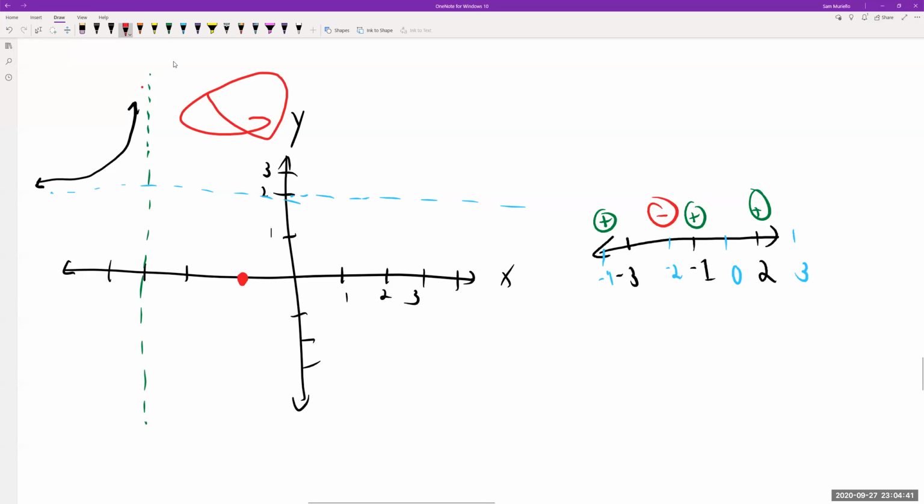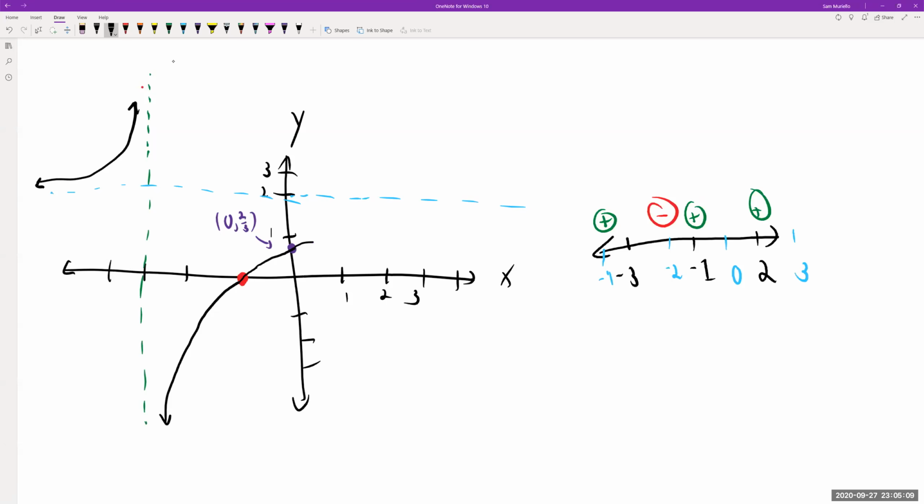I hate when this happens. Pass through this root, and then it will be positive the rest of the time. We had the y-intercept at (0, 2/3), so our graph can pass through this point as well. It doesn't look like it needs to do anything else strange. It's going to be positive.